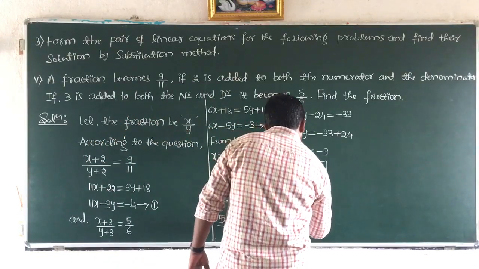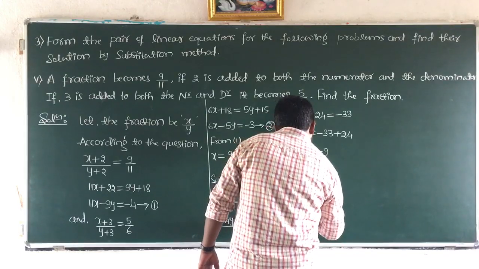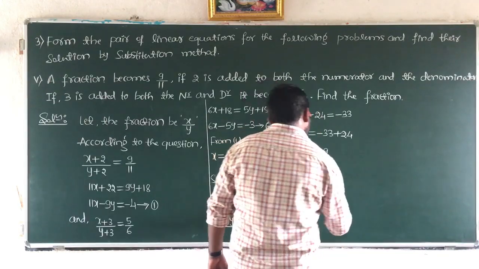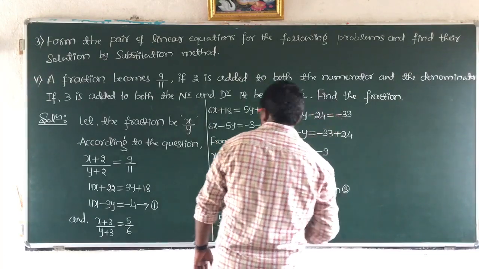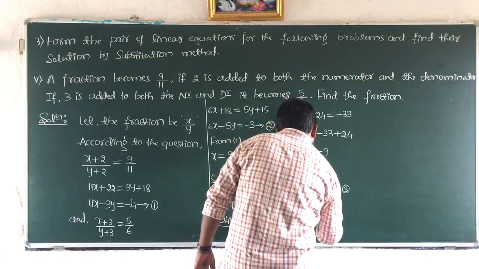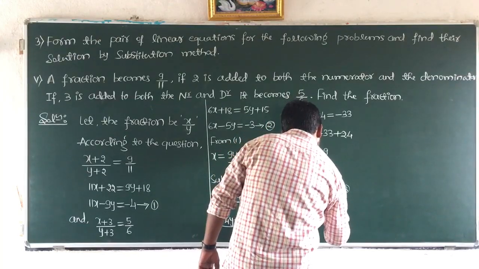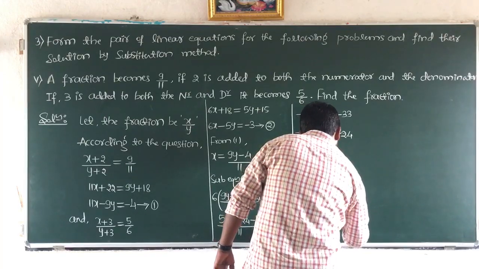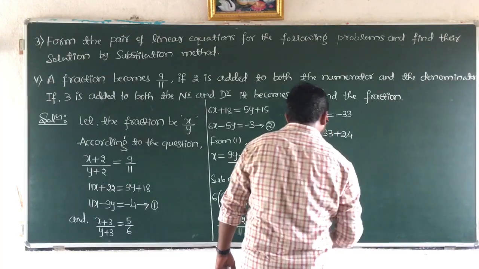Now substitute y equal to 9 in equation number 3, we get the value of x. So put y equal to 9 in equation number 3. Then x is equal to 9 into 9 minus 4 divided by 11.